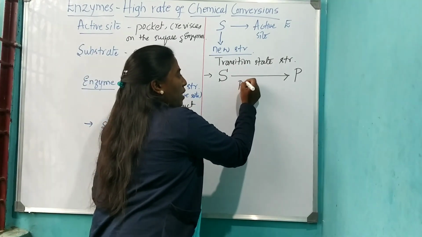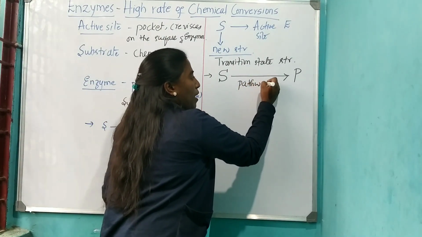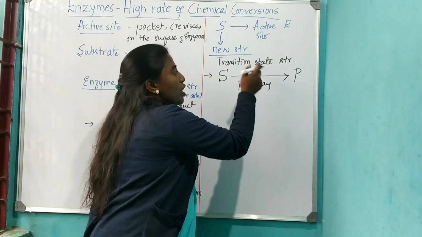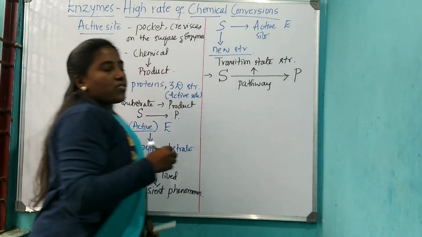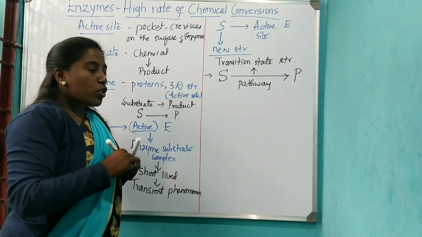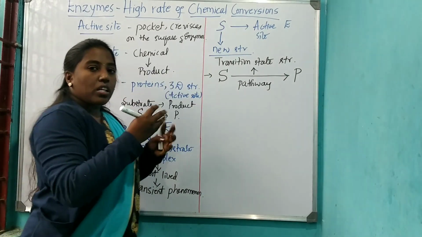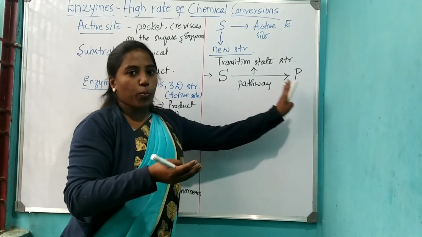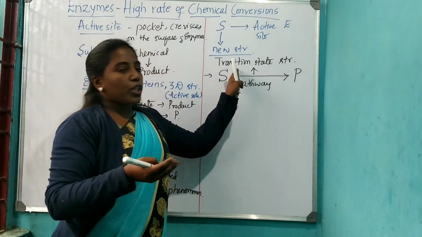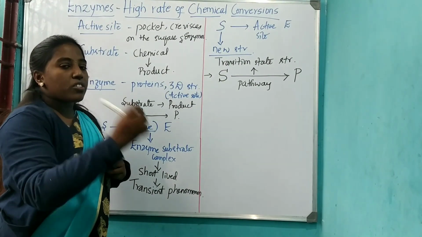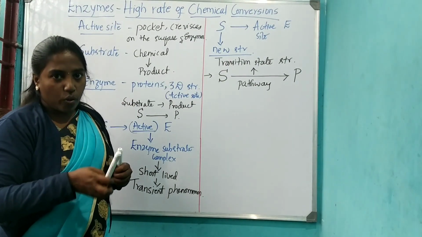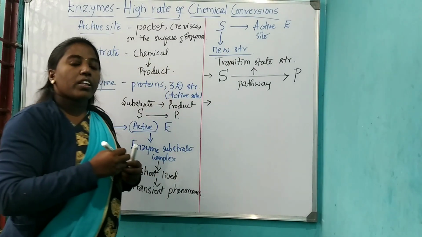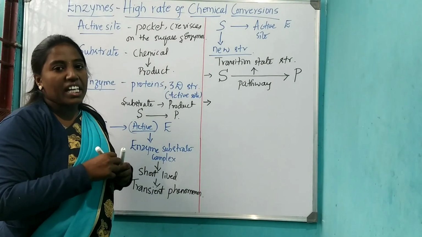So the pathway in which the transformation of substrate into product occurs has to go through what? Transition state structures, and there may be many. That means when a substrate gets converted into product, in between it will have many transition state structures.